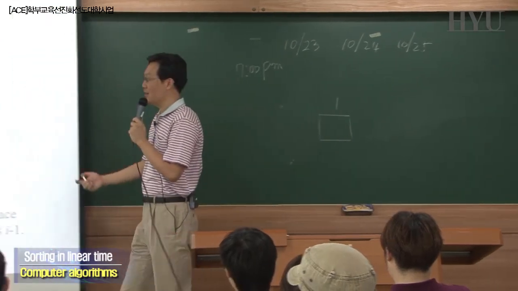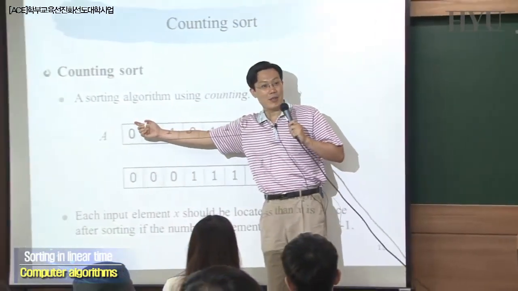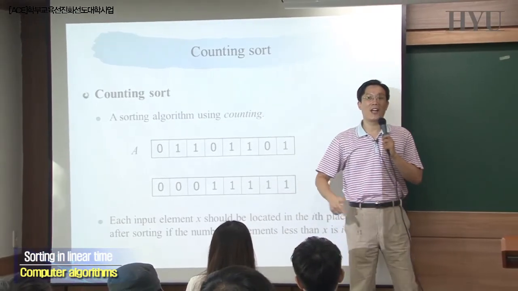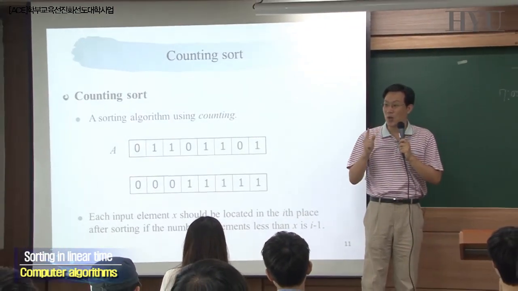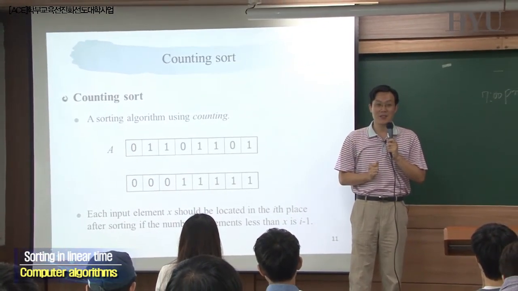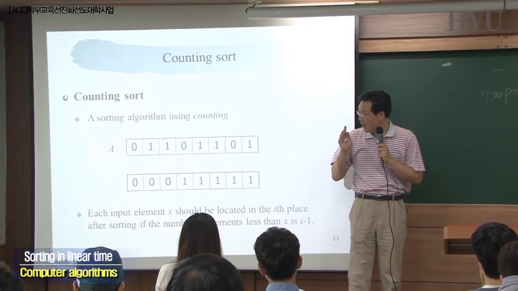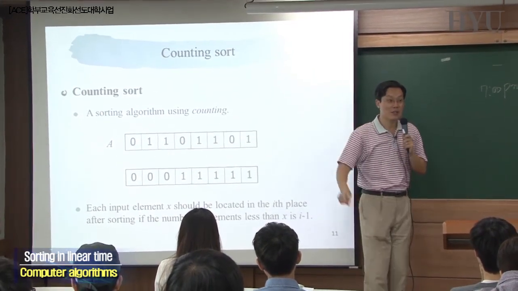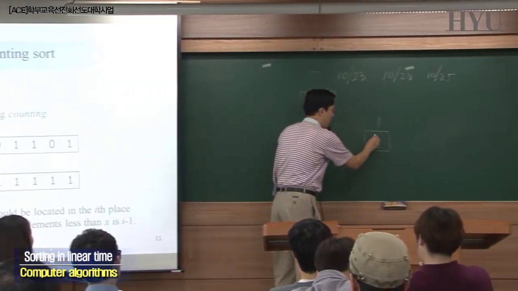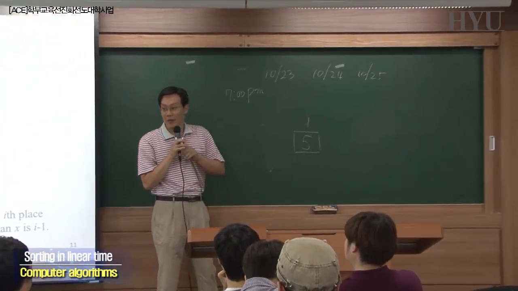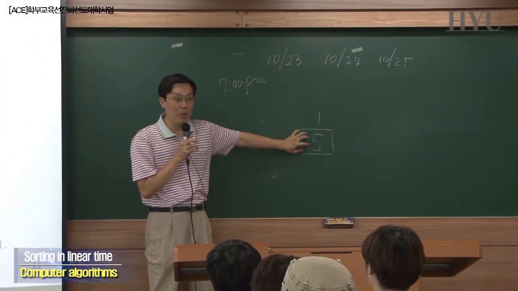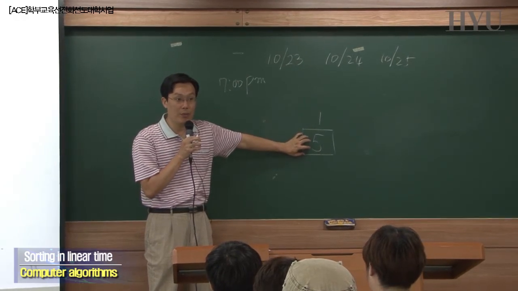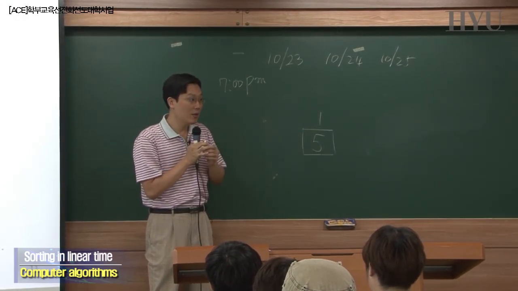Then we scan this array from left to right and count the number of ones. What is it? There are 5 ones. After the scanning, 5 is stored in this counter variable. Okay?